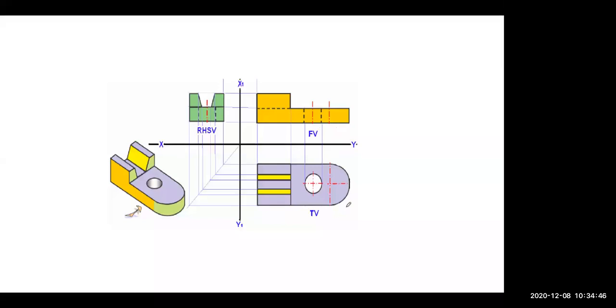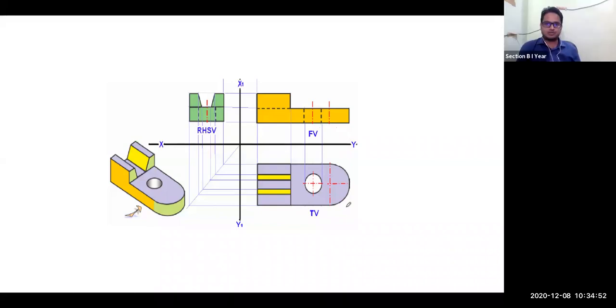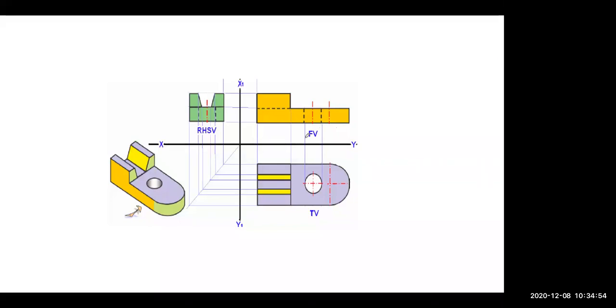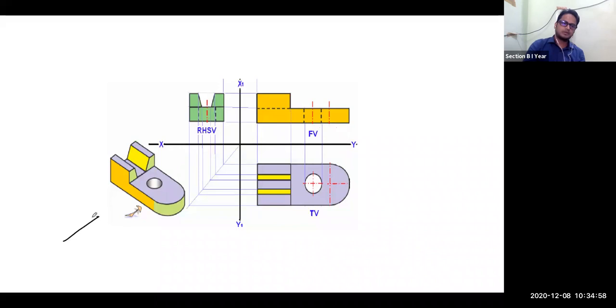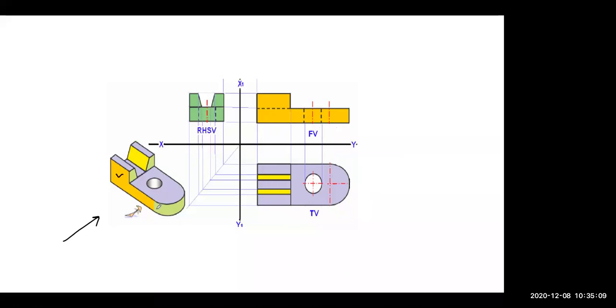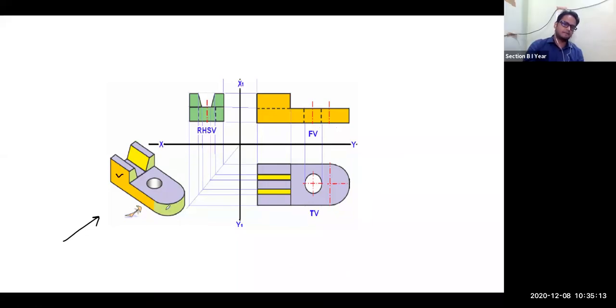Here you have a hole, flat faces, and slant faces also. If you look at it from the front view, this brown color face, as well as the slant face of this light green, will be visible.